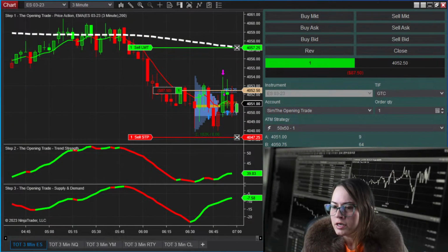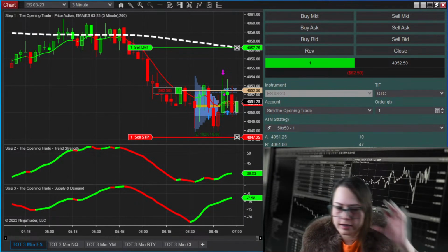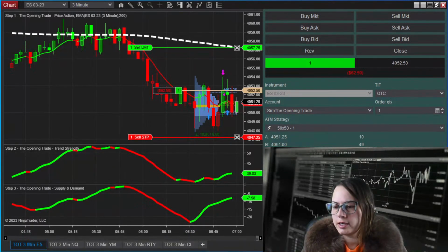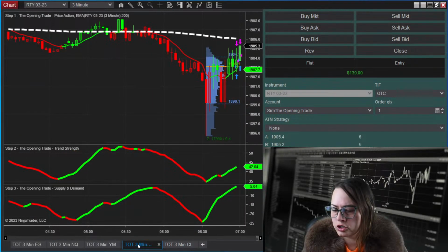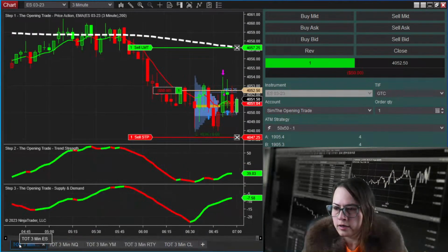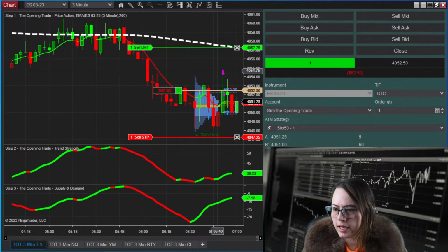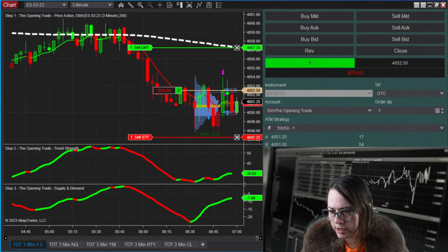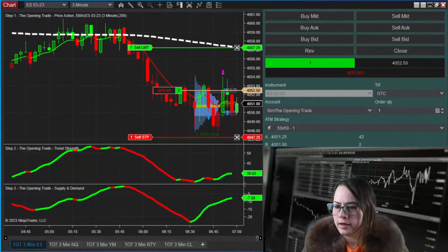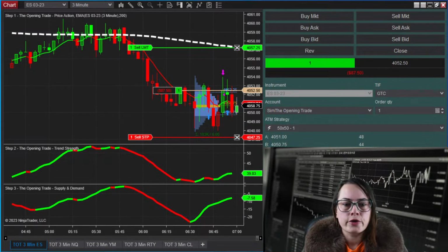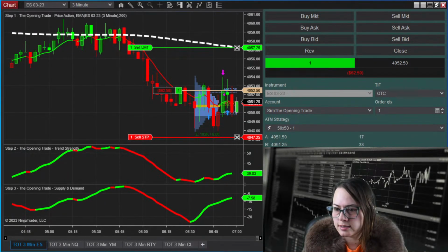Goodness. Alright. So here I'm still in this manual trade on the S&P 500 futures. I've taken a couple of manual trades over here too, on the Russell. I've taken one trade previously on the S&P. I am in my current trade on the S&P, and I am trading using our three-step manual trading system.